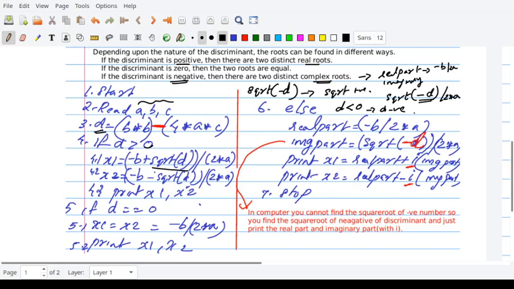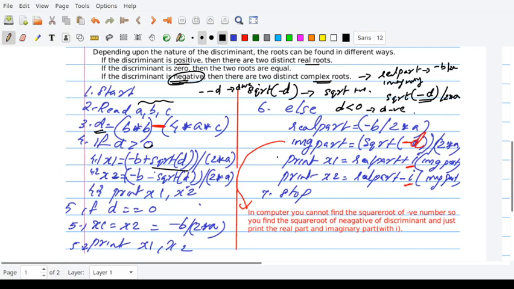Square root of minus d is the square root of positive d, because your discriminant is already negative. So minus d will become positive. So you will find the square root of negative d, then divide it by 2a, that is your imaginary part. Real part is minus b divided by 2a.